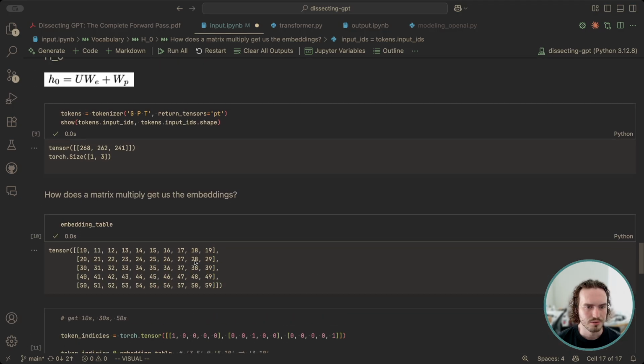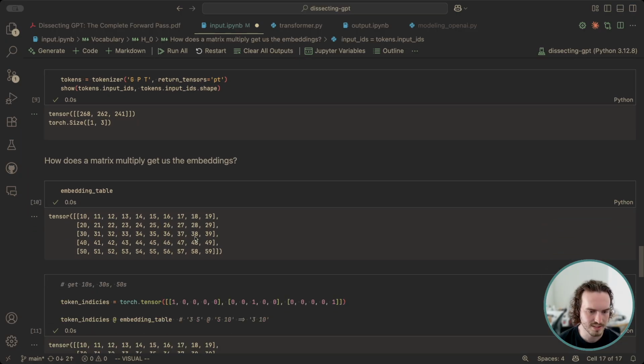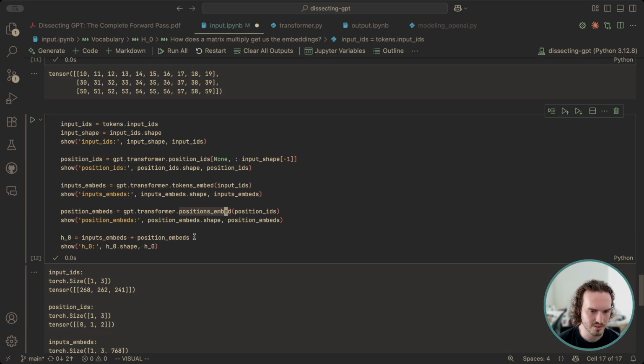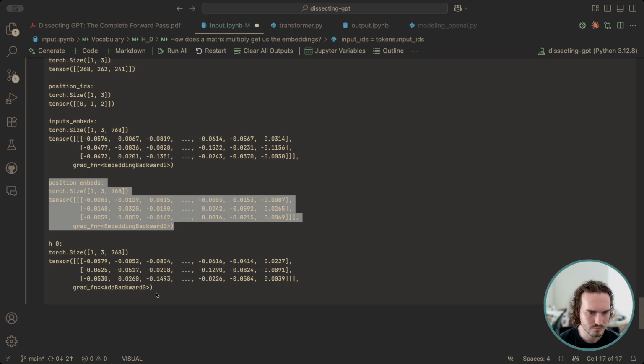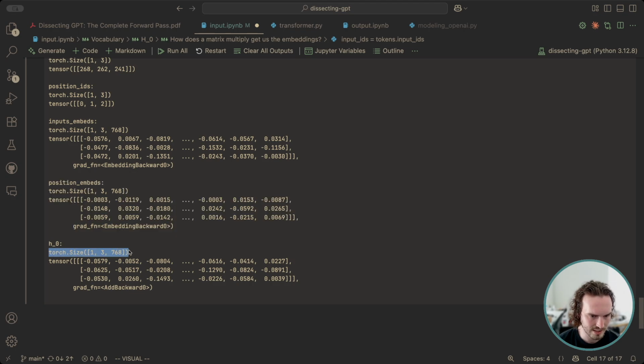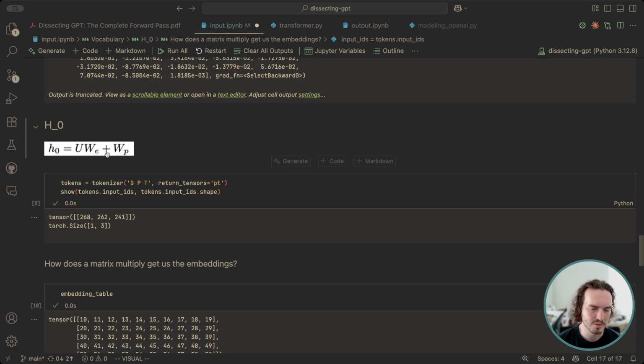And you'll notice here that we're saying hidden state 0 is the addition of the embedding matrix plus the positional matrix. To get our hidden state 0, we just add these 2 tensors together, and then that is our hidden state. You can see it's the same size, and we've just added these 2 things together. Effectively, what this hidden state 0 is saying is: okay, I have some language.